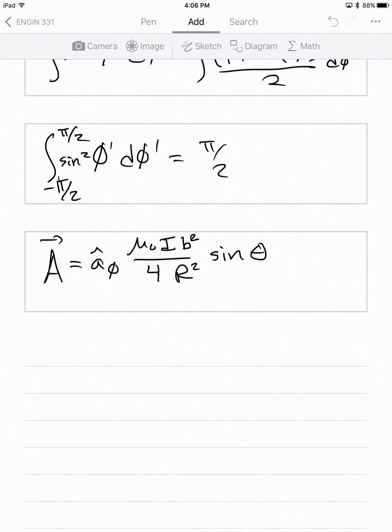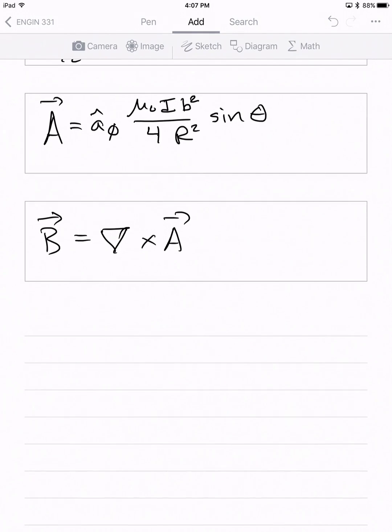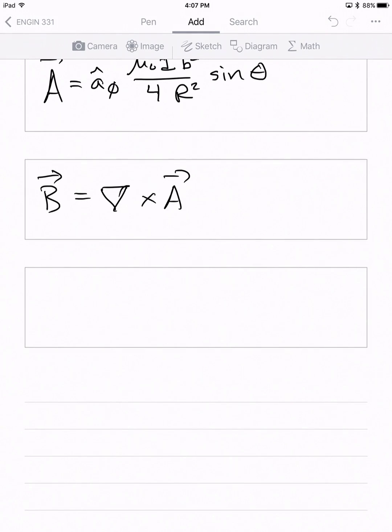All right, so now in order to find B, we need to get the magnetic flux density, and that is equal to, as always, the curl of A. We're going to use the spherical coordinates curl because that's what we need to do.